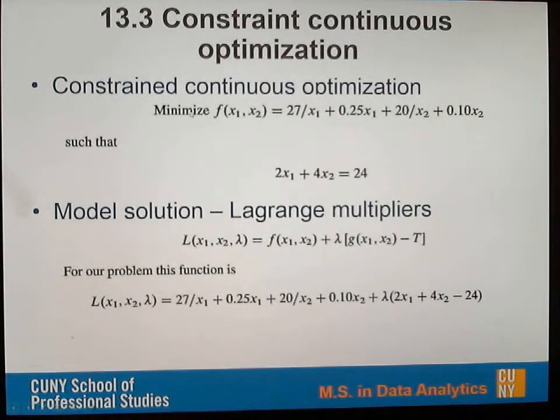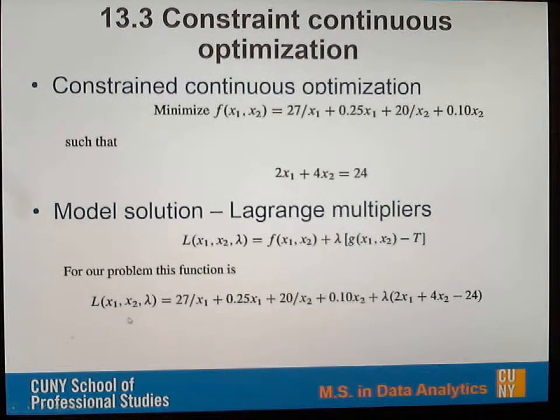And here, constraint continuous optimization. This example is minimize this, and there's a constraint. And then we can model this, use a Lagrange multiplier using the objective function plus lambda times the transformation of the constraint, which is this minus 24.